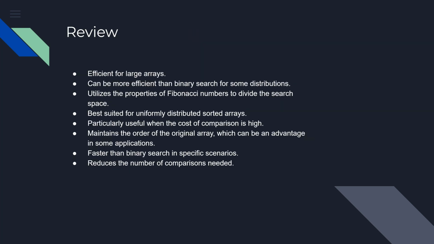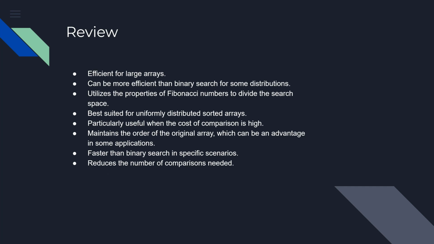So let's go over everything that we just learned. Fibonacci search is very efficient for large arrays, and it can be more efficient than binary search for some distributions. It also utilizes the properties of Fibonacci numbers to divide the search space, and it's best suited for uniformly distributed sorted arrays.